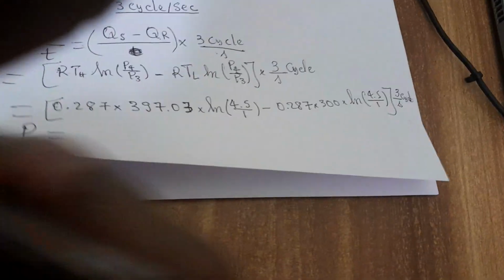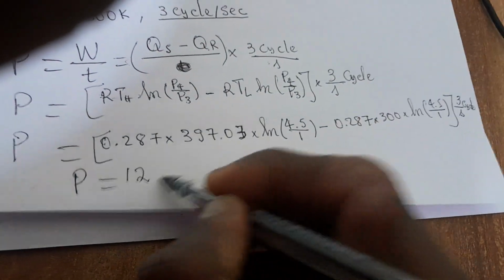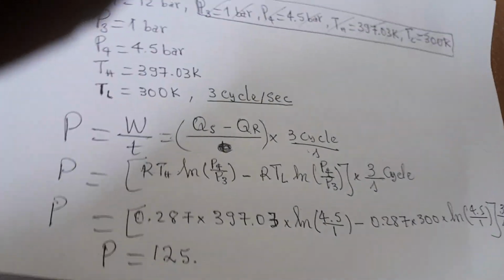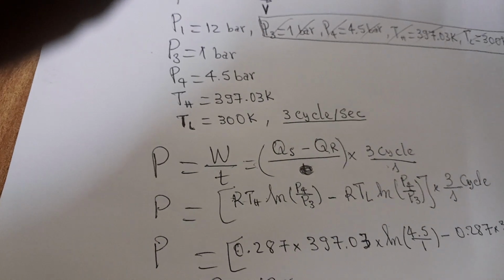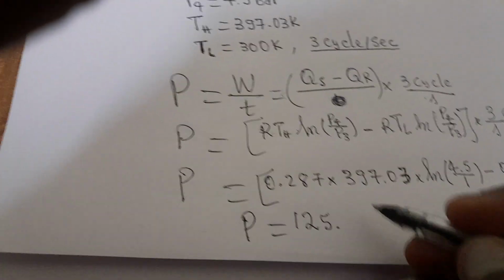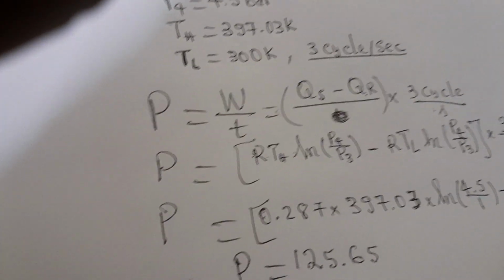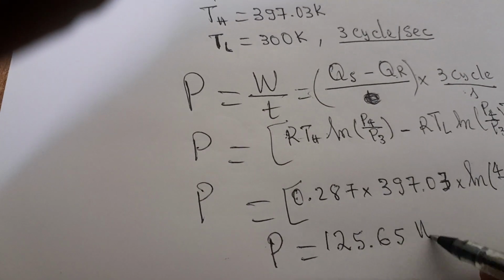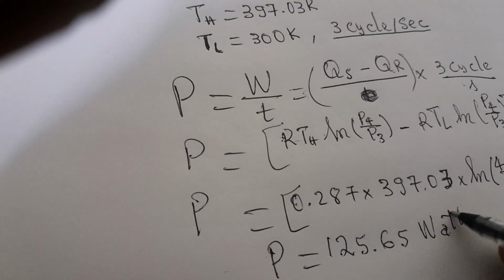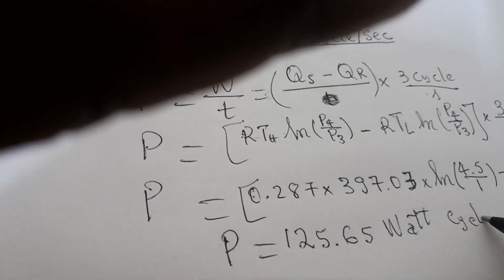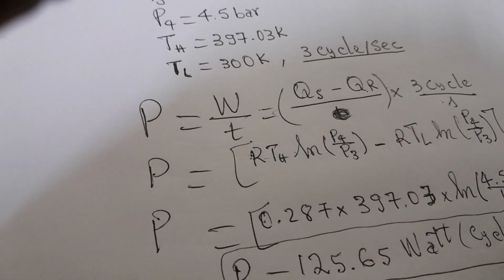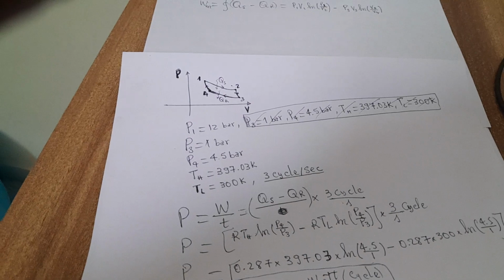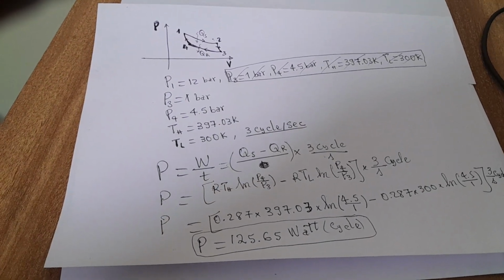Do it all and you get 125 60 65 watt per cycle. So this one will be your power.